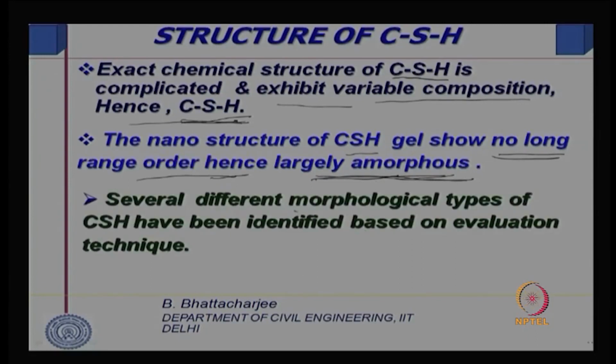Several different morphological types of CSH have been identified based on the evaluation technique. They have similarity to some pure calcium silicate hydrates produced otherwise, not from cement, namely tobermorite or similar ones. There are several minerals with a crystalline structure, but the CSH produced from cement does not have a long range crystalline structure.